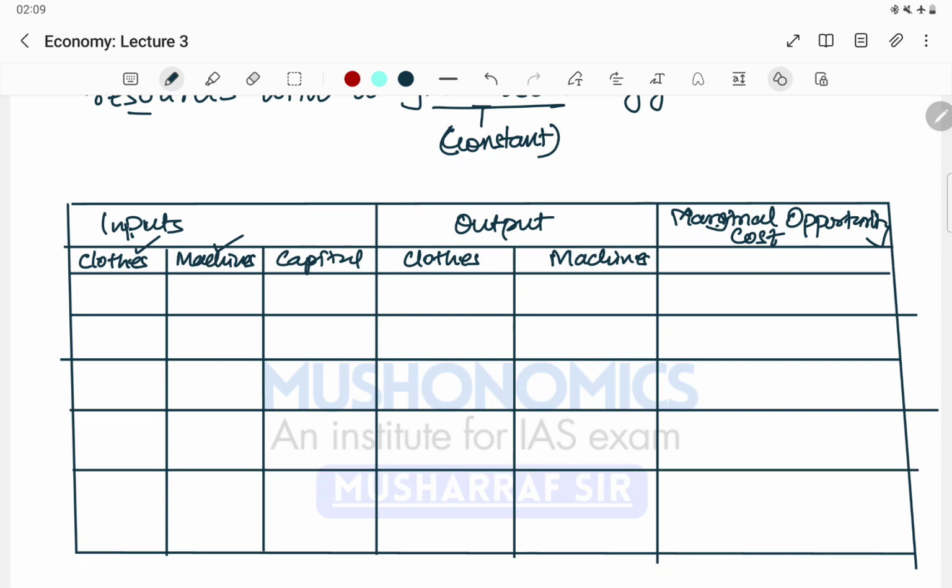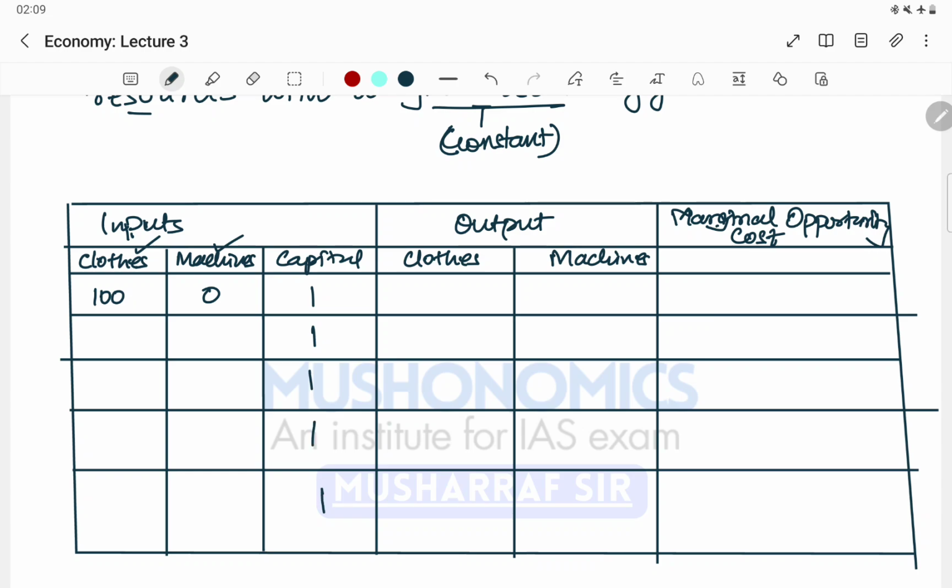Okay, let's take an example. Like we are taking 100 units of this raw material and 0 units of machines raw material. We are taking capital as constant, 1 unit.